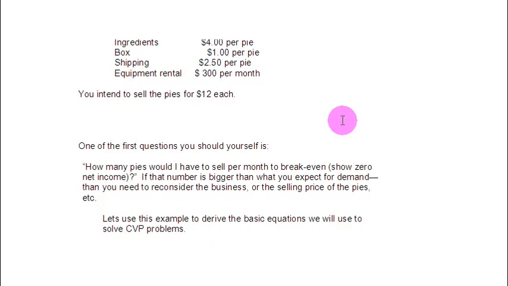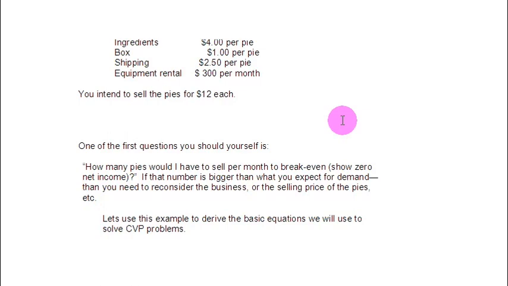You either need to be able to reduce your costs, up the selling price of the pies, or reconsider going into business at all. So CVP analysis, cost volume profit analysis, is very basic. It's all about understanding cost structures and how they relate to the volume of a business, and it's really important.